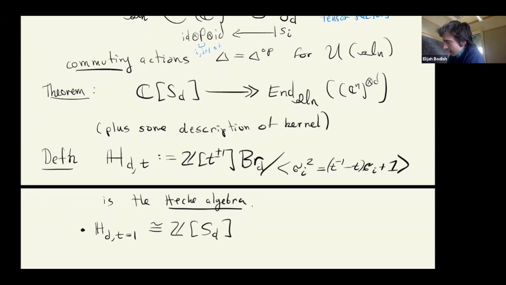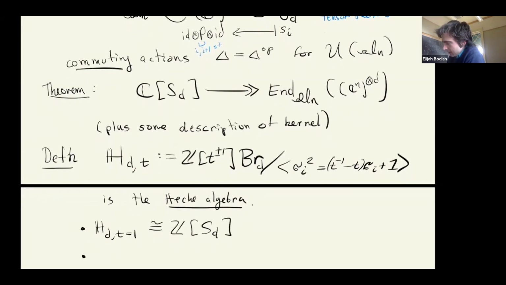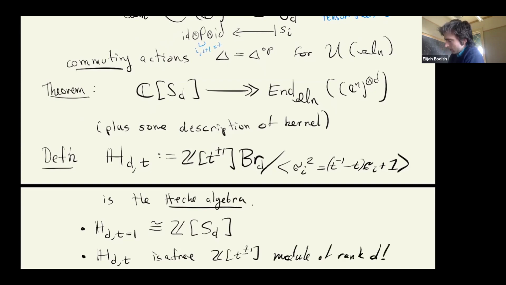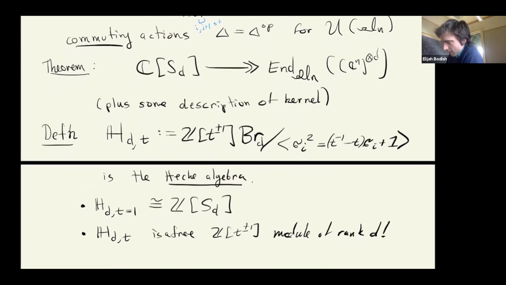And even better, it's the case that H sub D,t is free over Z adjoin t, t inverse. So it's a free Z[t, t inverse] module of rank D factorial. So it has the same dimension as the symmetric group for all values of t.